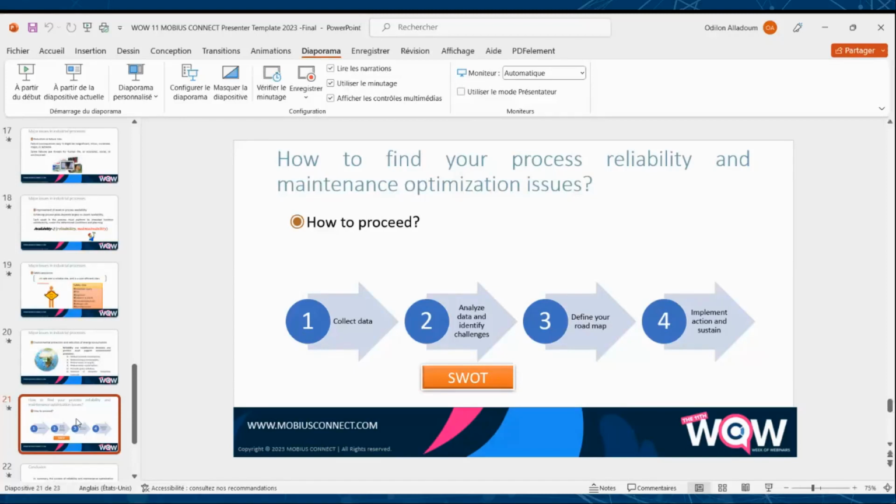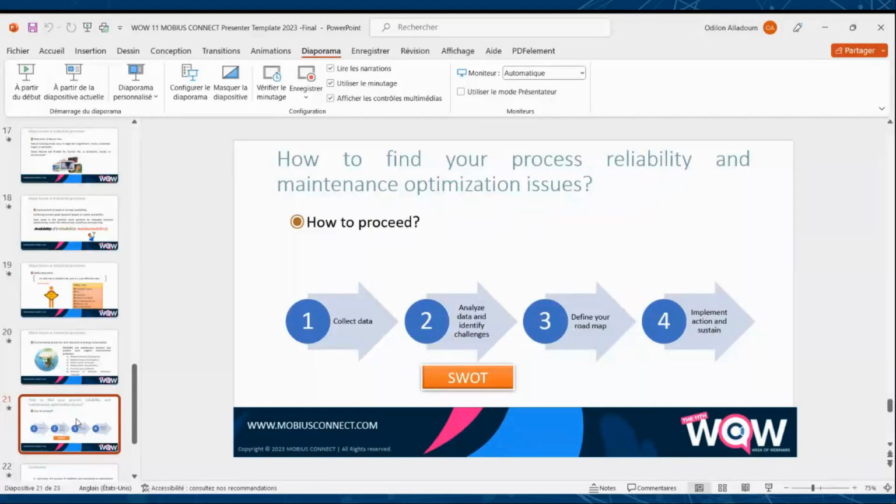We must know that there are many reliability and maintenance optimization issues that impact industrial process performance. The level of importance of issues in our strategy depends on many factors such as location, country, regulation, and company strategy.